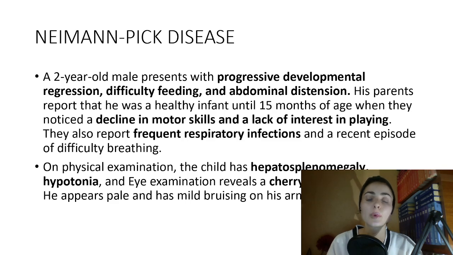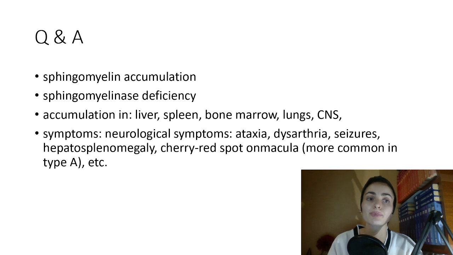They also report frequent respiratory infections and a recent episode of difficulty breathing. On physical examination, the child has hepatosplenomegaly, hypotonia. Eye examination reveals a cherry red spot on the macula. He appears pale and has mild bruising on his arms and legs.